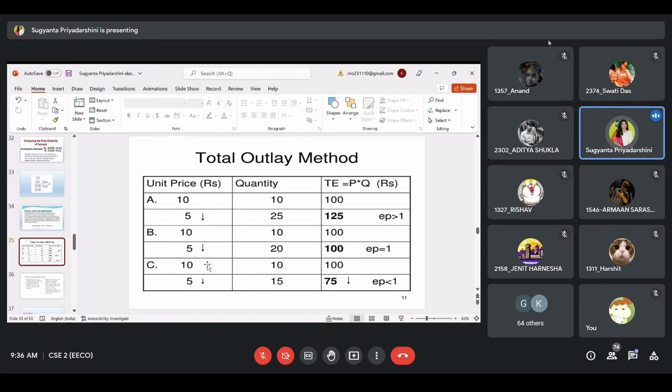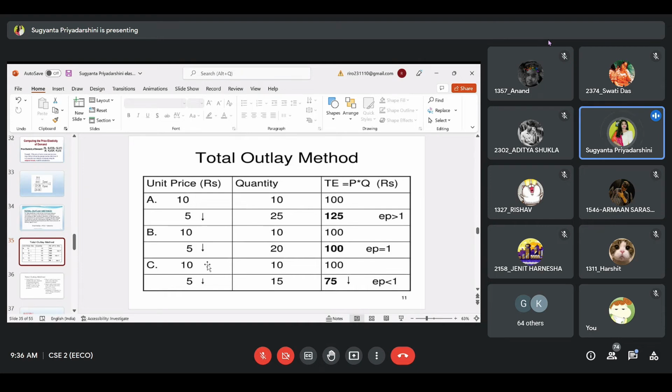Now coming to situation B. What happened in case of situation B? The price when it was 10, quantity demanded was 10, so total expenditure is 100. But when price became 5, your quantity demanded increased from 10 to 20 and your total expenditure again became 100. So irrespective of whatever changes take place in price, if your total expenditure remains constant, then that is the case of unit elasticity.